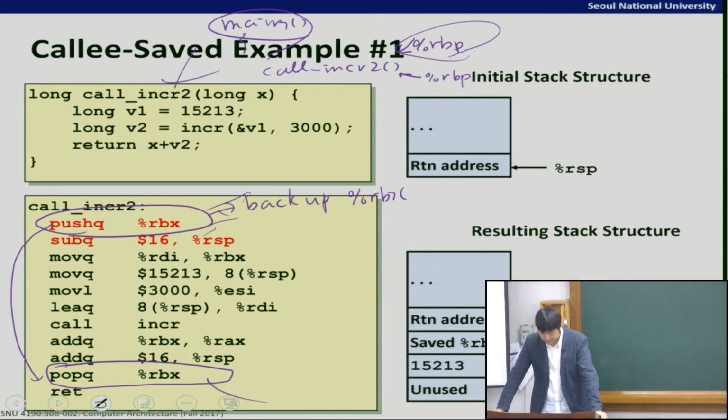So if you see this, we push the saved value of RBX, and we also decrement the stack pointer by 16.